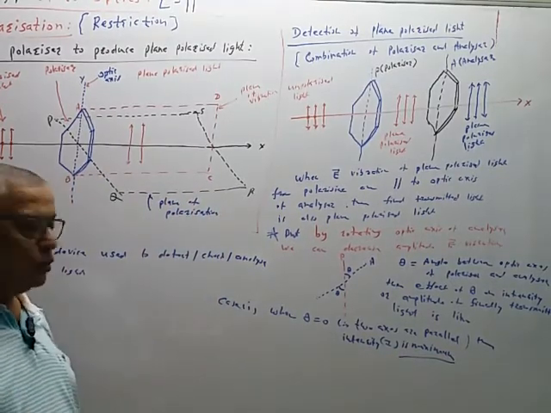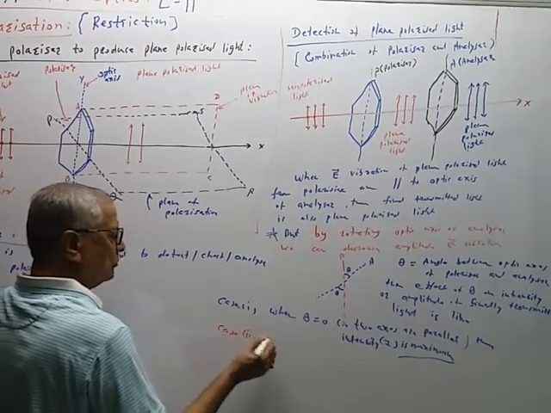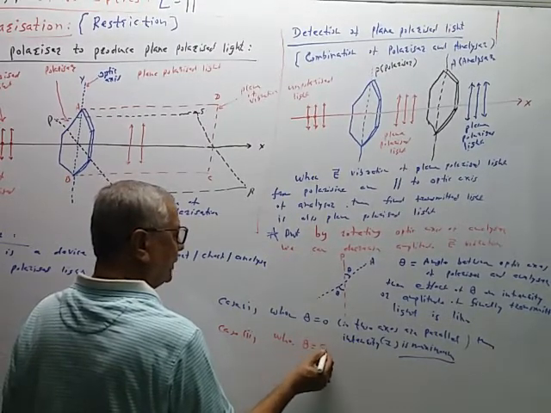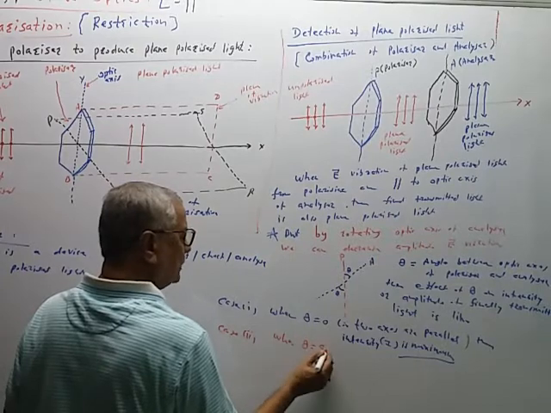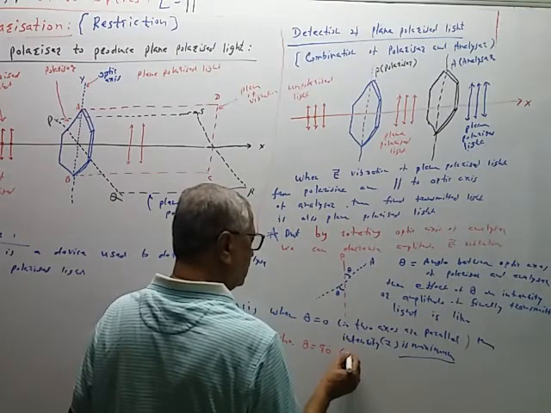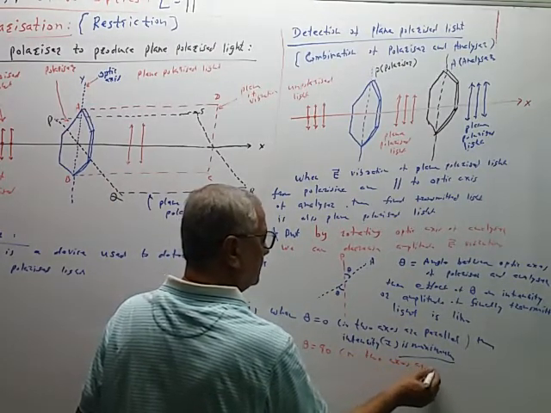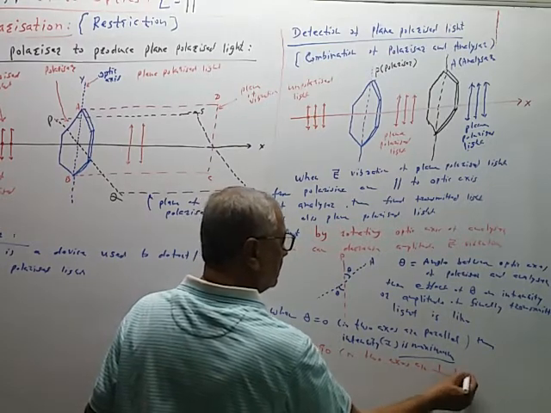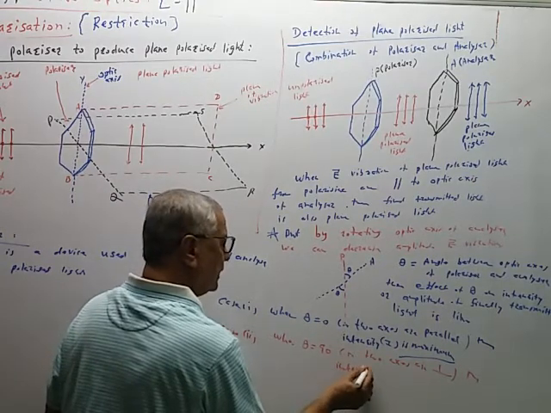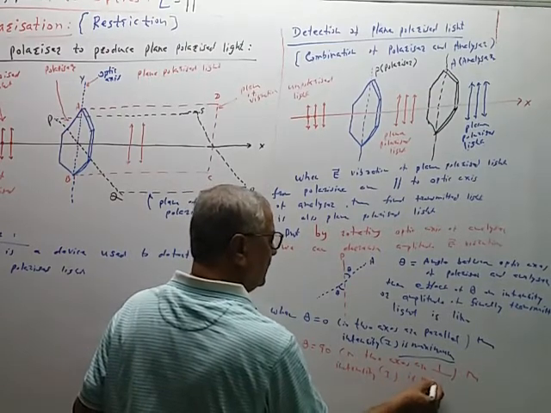Case number 2: when the two axes are perpendicular, when the two sheets are perpendicular, when theta is equal to 90 degree, then intensity I is the minimum, equal to 0.